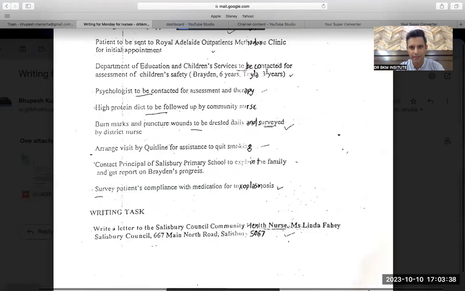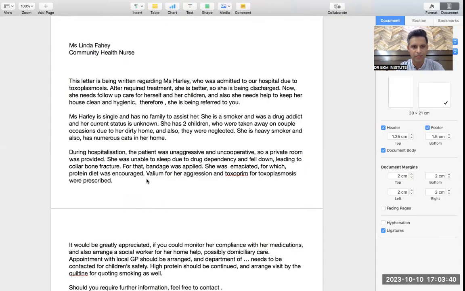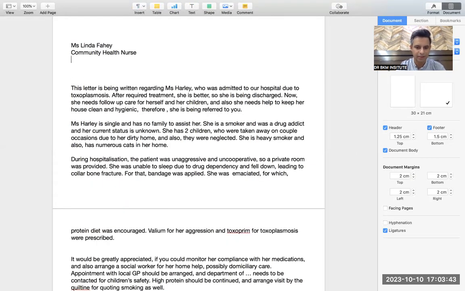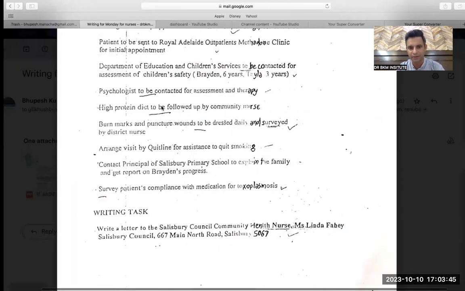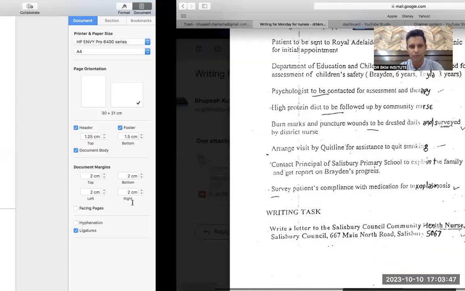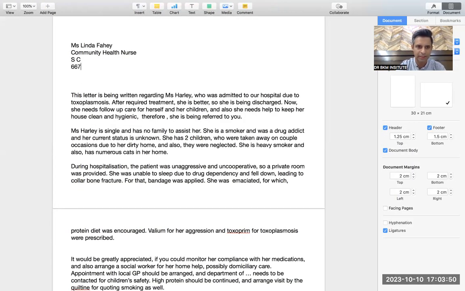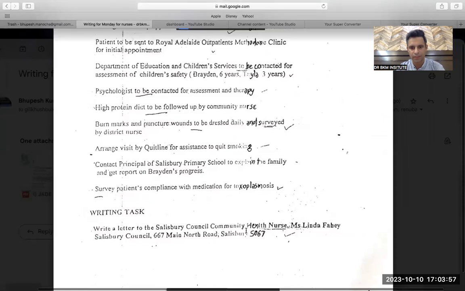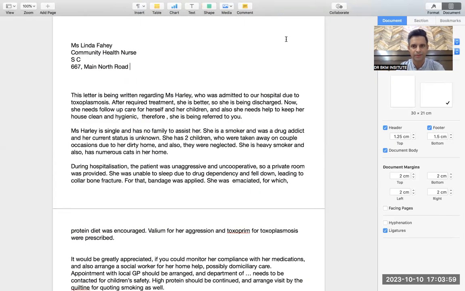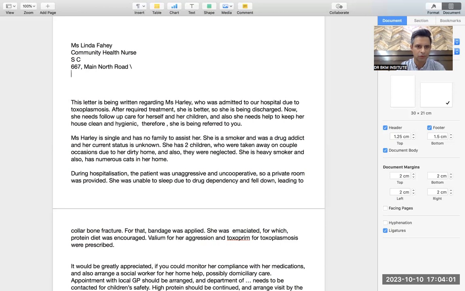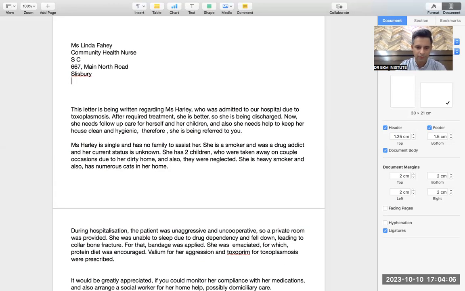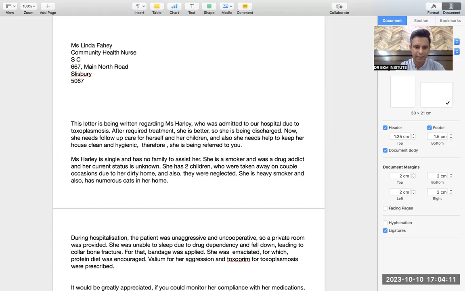Then you go to the next line. It says Salisbury Council, so you write the same thing, Salisbury Council, complete. I'm just doing it for myself for convenience. 667 Main North Road. R should be capital. Then you go to this place, Salisbury 5067. That's my address.